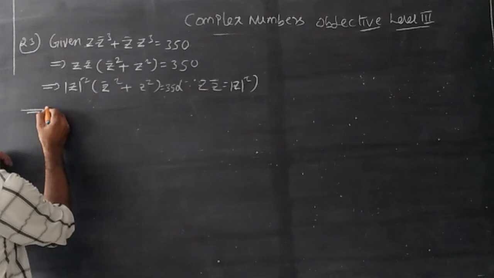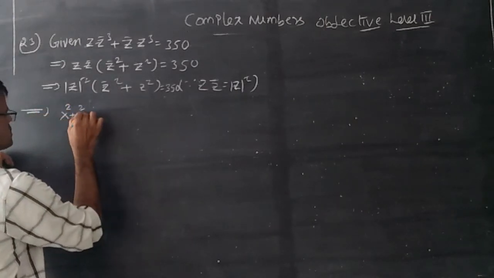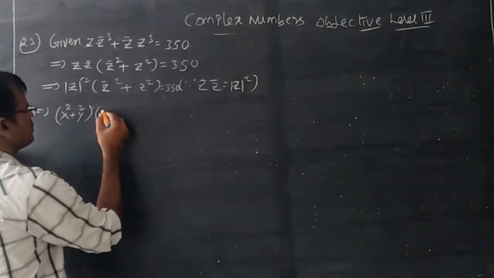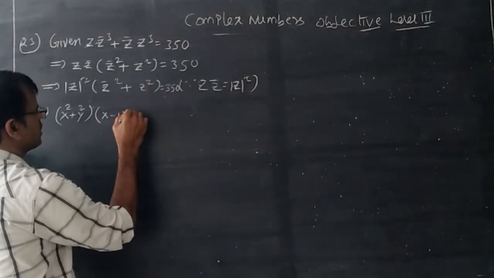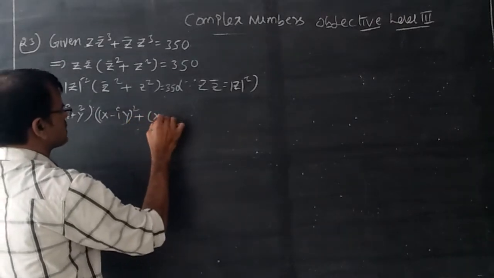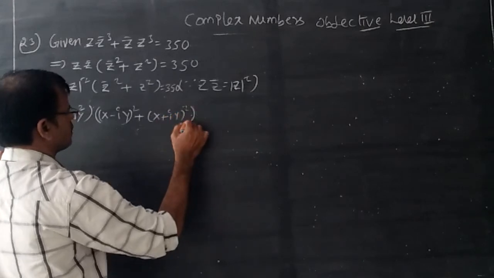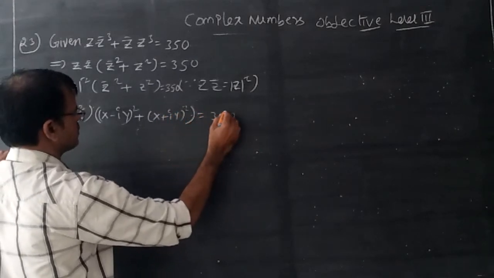That implies (x² + y²) times, this can be understood as (x − iy)² plus this can be understood as (x + iy)², is equal to 350.